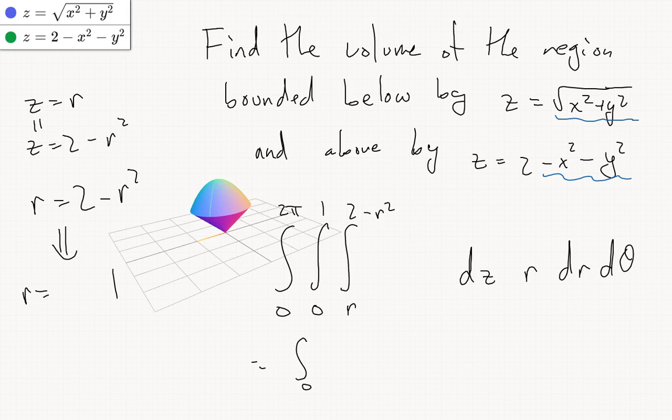So now we can start to evaluate this. This will be integral 0 to 2 pi, integral 0 to 1 of 2 minus r squared minus r times r dr d theta.